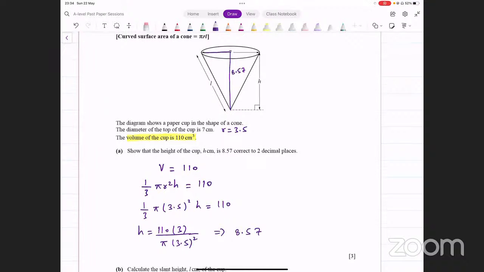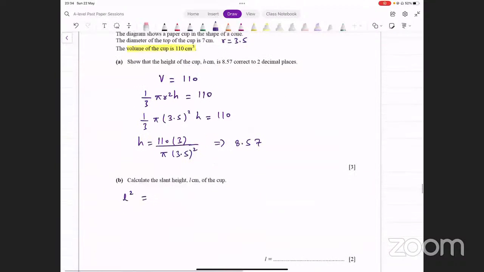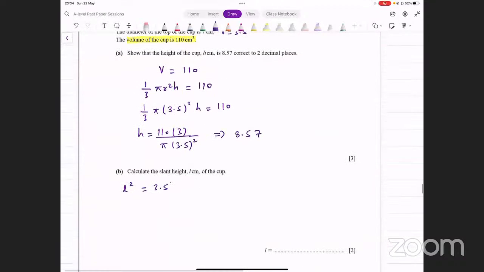This is 3.5. L is basically hypotenuse. It's a right angle triangle. L आपका hypotenuse है, तो वो evaluate कर लेते हैं. L square equals 3.5 square plus 8.57 square, and that's going to give you the value of L.